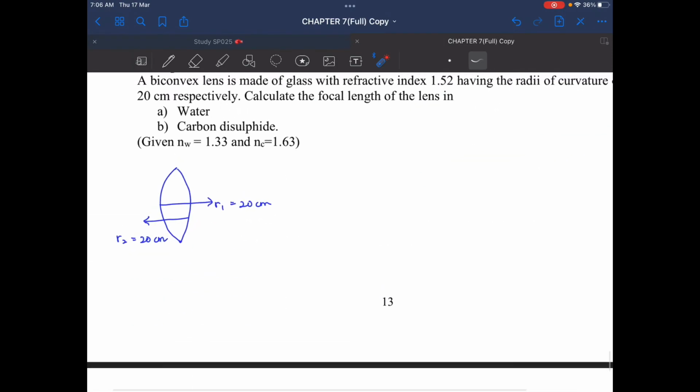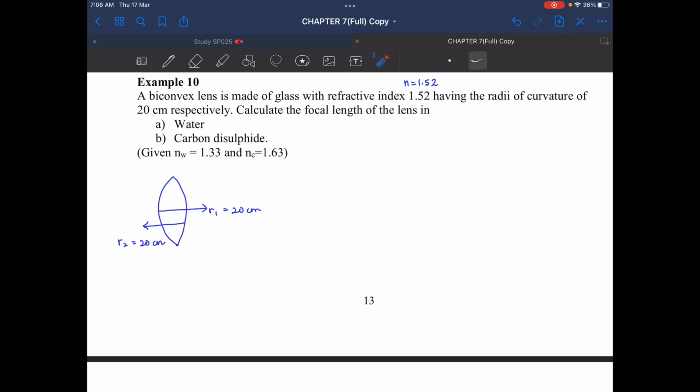Okay, so calculate the focal length of the lens in water and carbon disulfide lah. So we are going to use this formula: N material over N medium minus 1, times 1 over R1 minus 1 over R2.